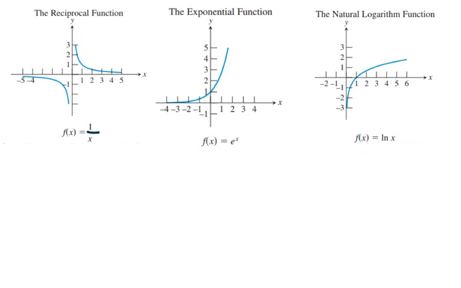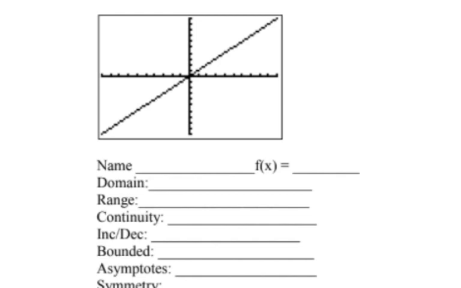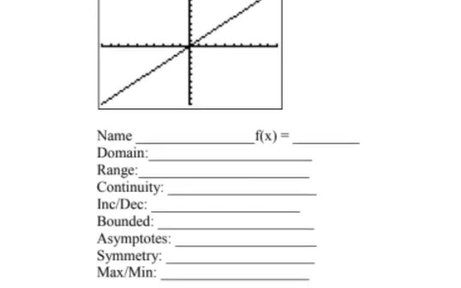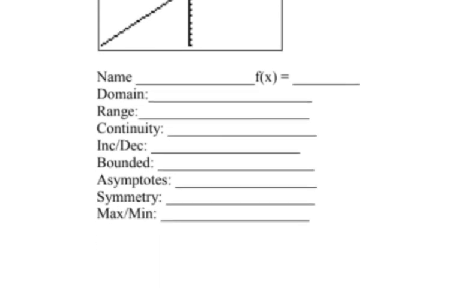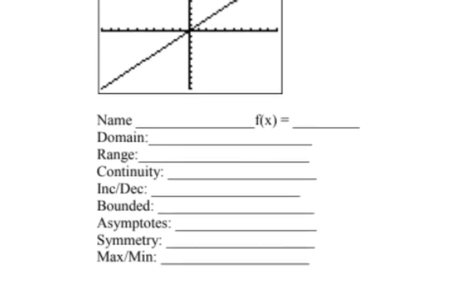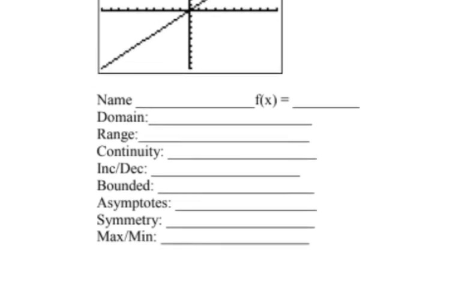So each of these will be pictured on your worksheet, and you would just match up. You can see here on the next slide what it's asking you to do. It's going to ask you the name of the function, and then the equation of the function, and then we're going to talk about each of these items, which were mentioned in the notes the other day.